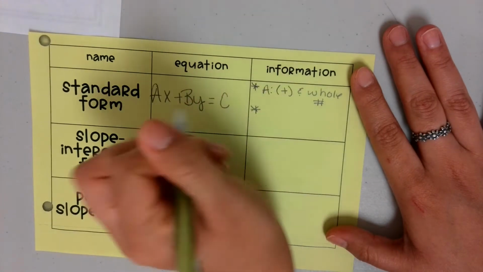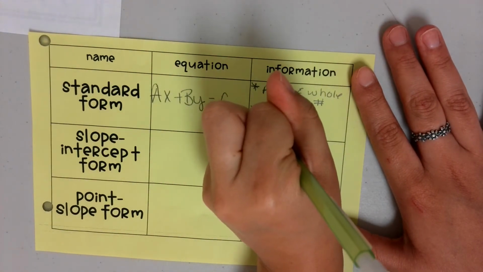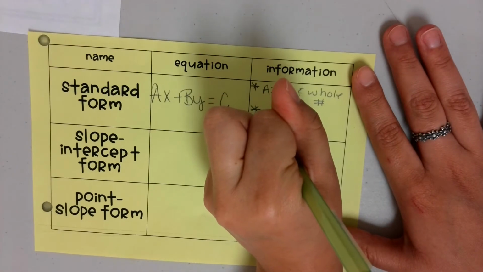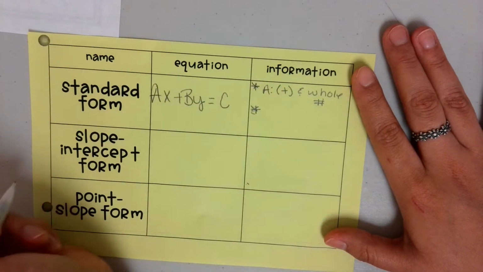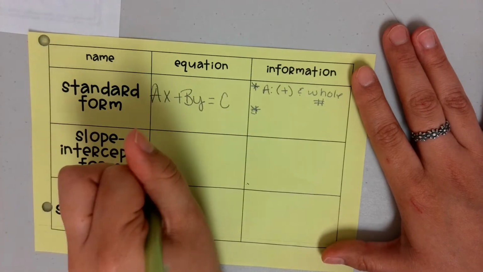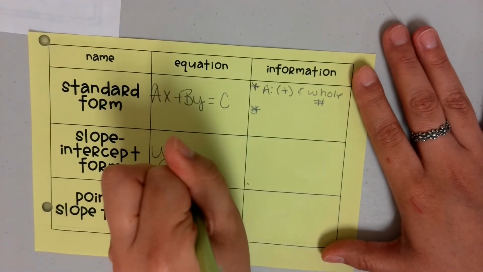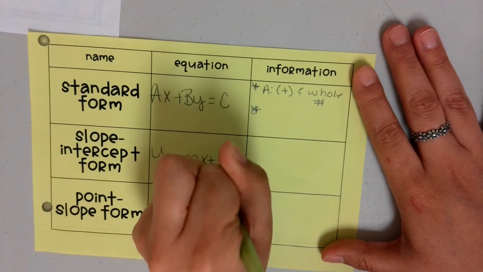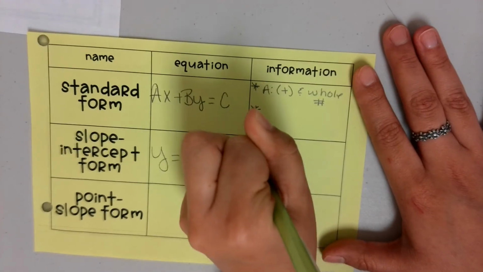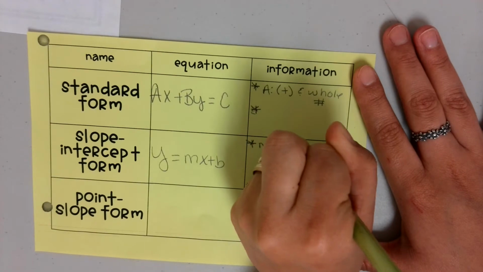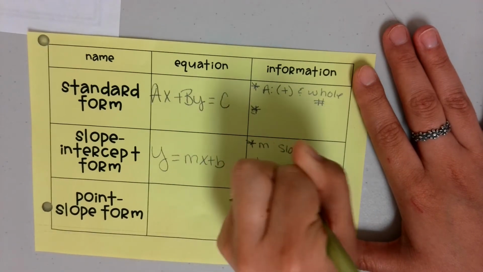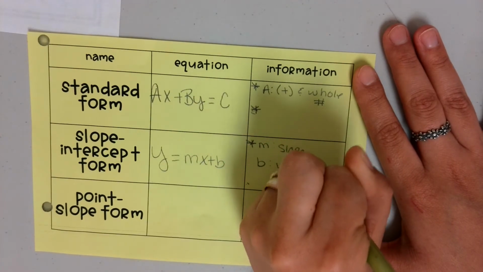And when we're using a word problem, we use this when we are given two different quantities, two different scenarios. So we're going to talk about that tomorrow. Slope-intercept form, which y'all are comfortable with, is y equals mx plus b. So we are given m, which is slope, and b, which is your y-intercept.